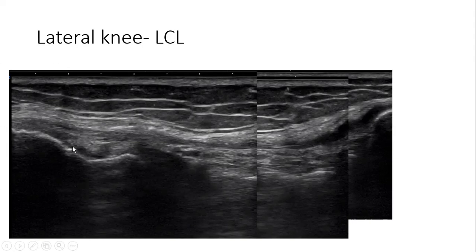What groove is that? That's femur, and that's a groove. Somebody answer. On the lateral aspect, the groove on the femur, what sits there?